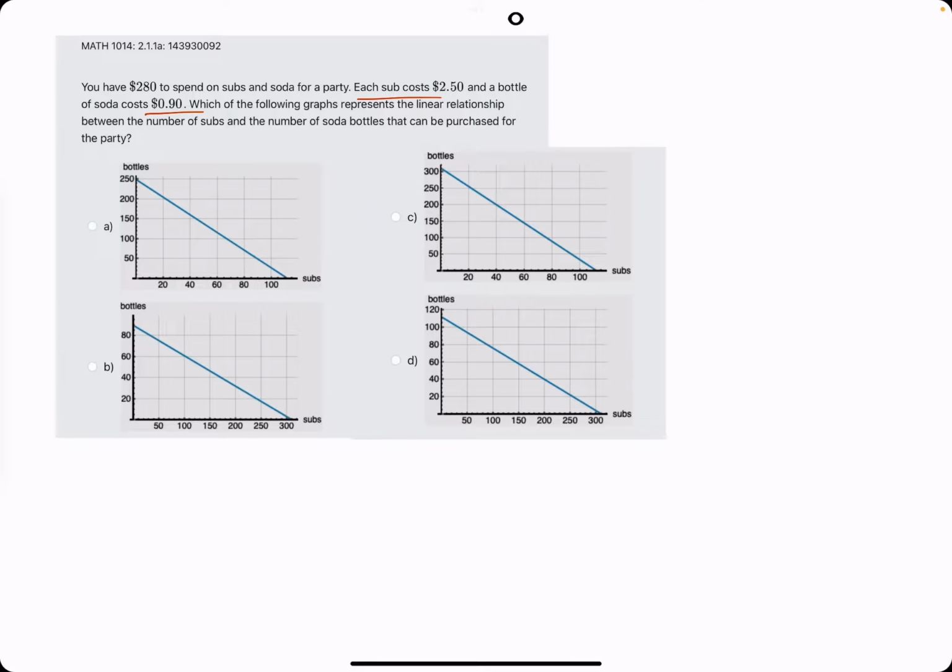First scenario, we have $280, and let's imagine we are not buying any sodas. So the number of bottles of soda is 0. The question is, if we're buying no soda, how many subs can we buy with $280?